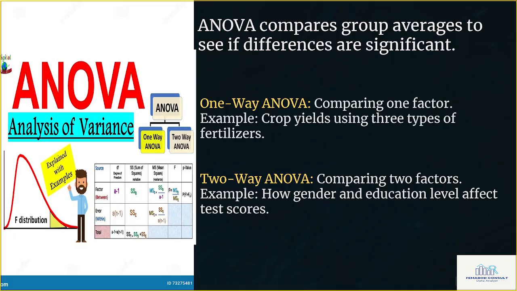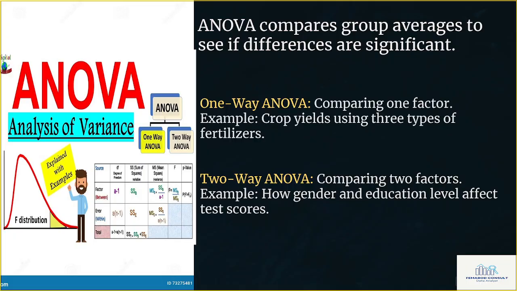So you can see that in this ANOVA, we are using more than two things to compare. In this situation, you look at the crop yield before using these three fertilizers, then the crop yield after using these three fertilizers. Then you compare the average. So that is one-way ANOVA.